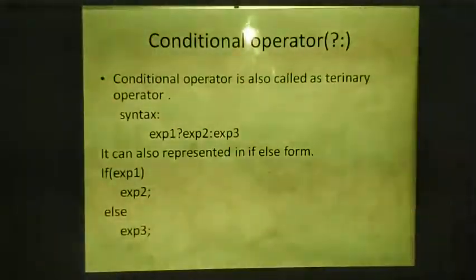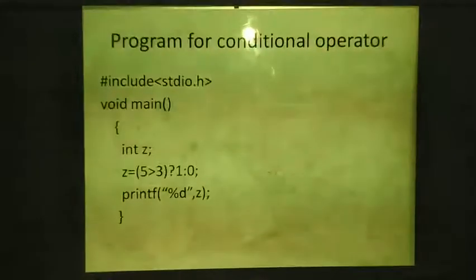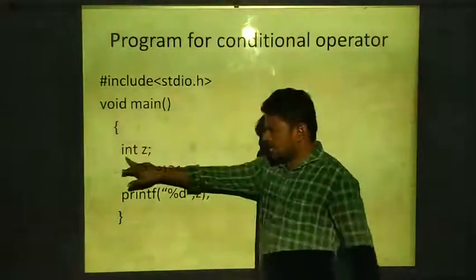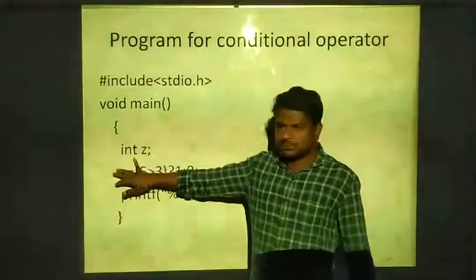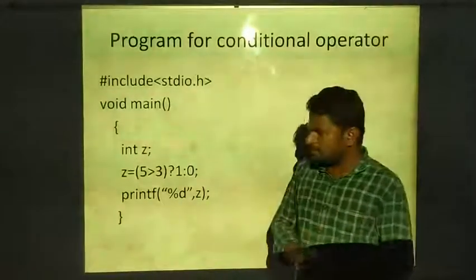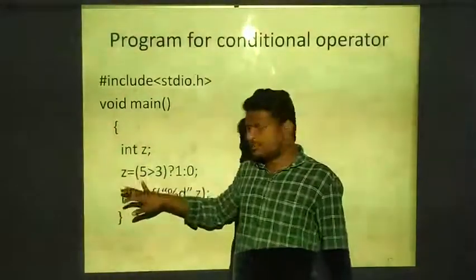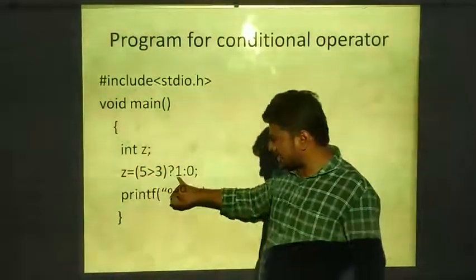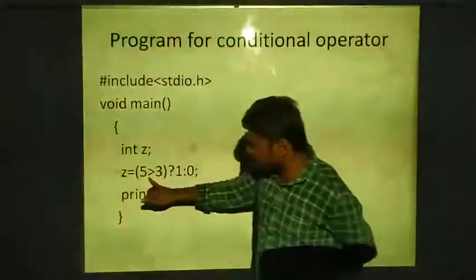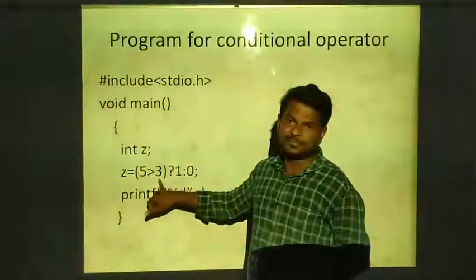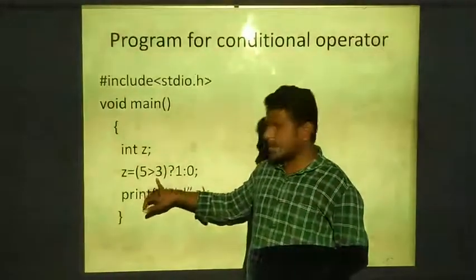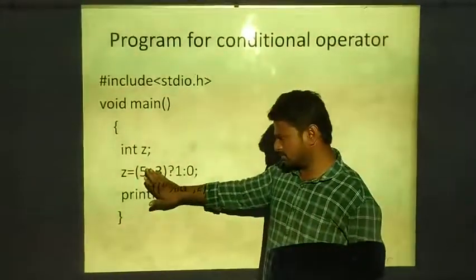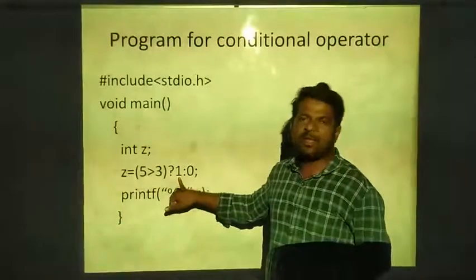Let us see a program for the conditional operator. Here I have taken z as an integer data type, where z is equal to 5 greater than 3. Here this is the first expression, this is the second expression, this is the third expression. So is 5 greater than 3 true? Yes. If it is true, then the second expression will be evaluated, means my output will be 1.